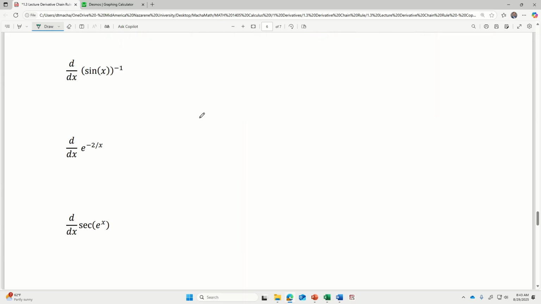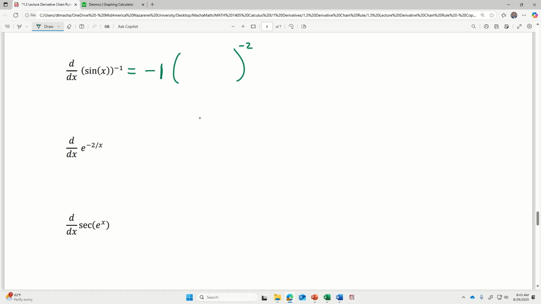All right. This time I've got sine of x raised to the negative 1 power. What's my outside function? X to the negative 1. Yep. The outside function is the negative 1 power here. So I'm going to use the power rule and bring down the negative 1, and negative 1 minus 1 is negative 2.